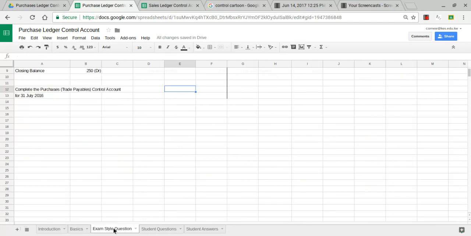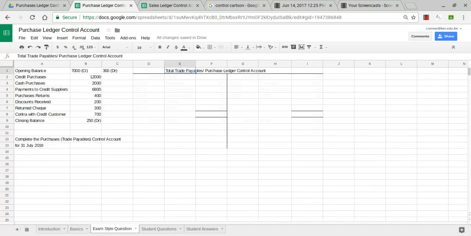Exam style questions. Very, very similar to doing a sales ledger control account or total trade payables account. Normally in an exam you'll get distractors. So in this case, it's cash purchases that don't go in.